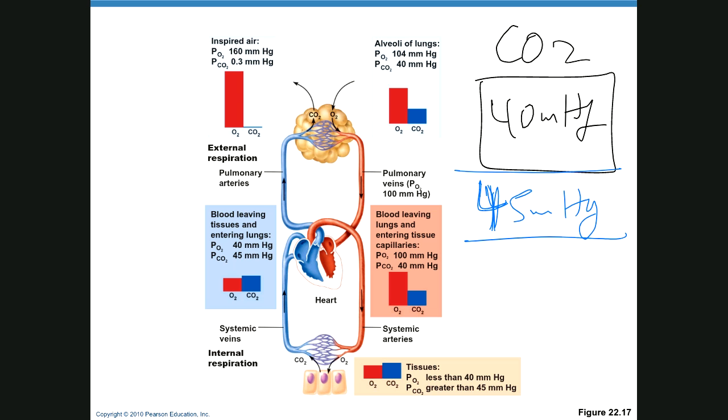However, the difference in concentration is not very steep. So not much CO2 is going to leave the blood and go into the alveoli to be breathed out. So that by the time blood leaves the lungs, it is going to have 40 millimeters of mercury of CO2. So it's lost only 5 millimeters of mercury to the lungs.